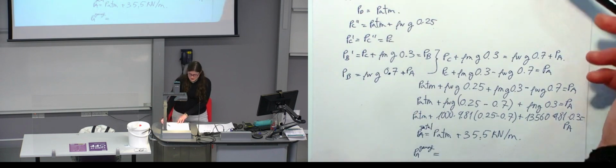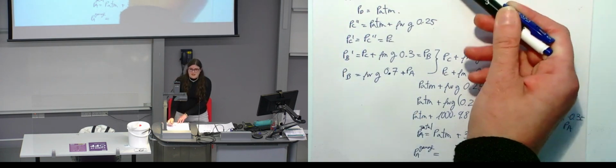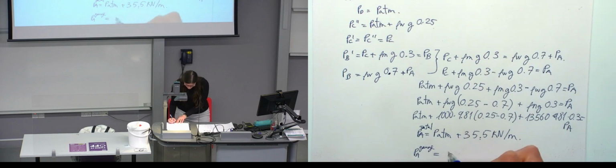Then the gauge pressure is the difference between the pressure at D and the pressure at A, which would be just the 35.5 kilonewtons per square meter. And that is the answer.